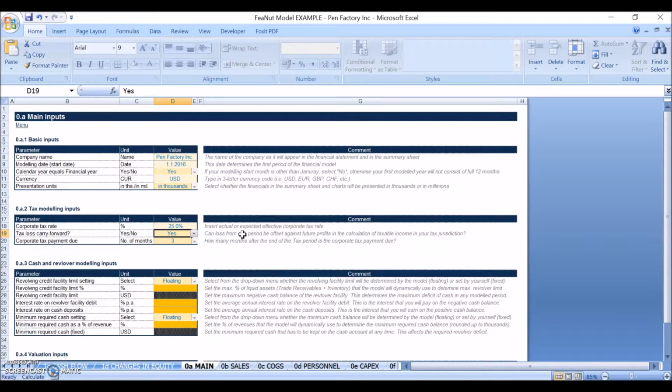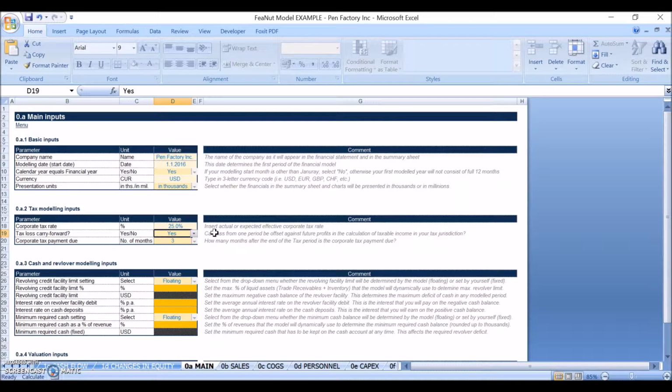This is actually a typical tax legislation, typical tax option in many countries. So you can select yes in here, and if your business will be loss-making, for example, in the first year or first couple of years, then it will allow you to offset that loss against the profits in future years for the purposes of calculating the corporate income tax.